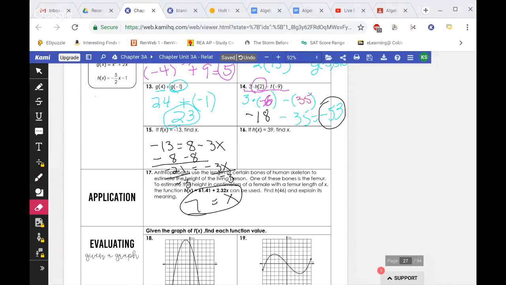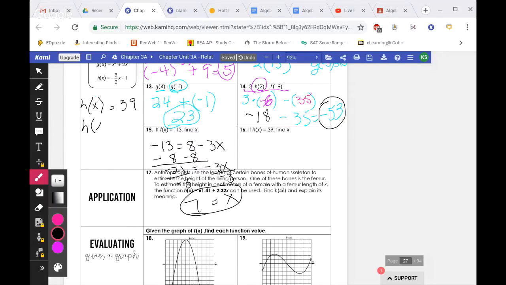On number 16, it's telling us that h of x equals 39, but it's also telling us h of x equals negative 5 over 2 x minus 1. So then we can say negative 5 halves x minus 1 equals 39.